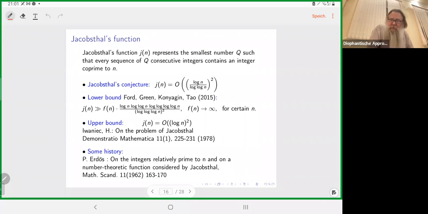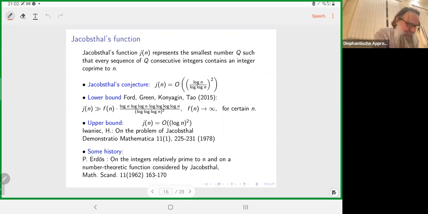I am not so good in mathematics to understand all the proofs. Maybe I am able to read the Iwaniec upper bound. The lower bound is a very recent solution of a famous Erdős problem.